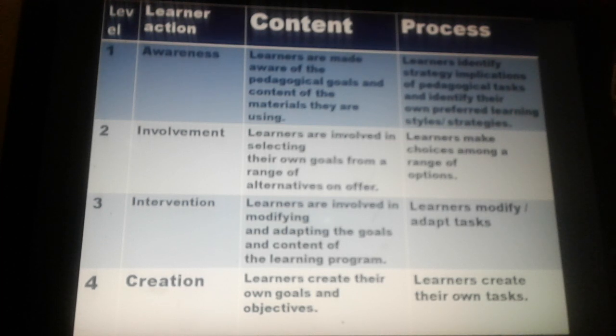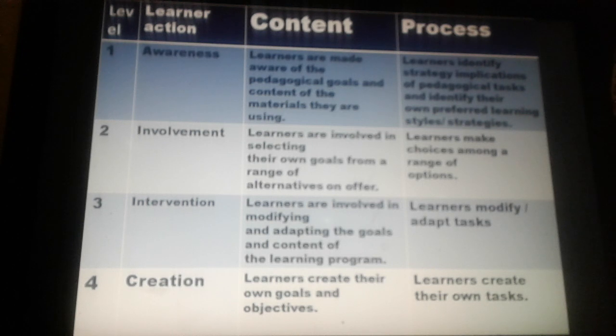Level 1, learner action, content, and the process. So level 1 is awareness. Learners are made aware of the pedagogical goals and content of the materials they are using. Process: learners identify strategy implications of pedagogical tasks and identify their own preferred learning style strategies.